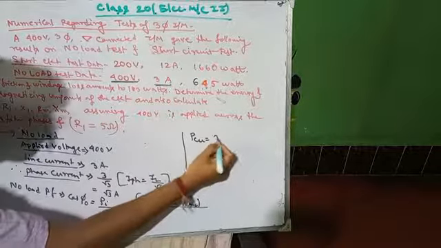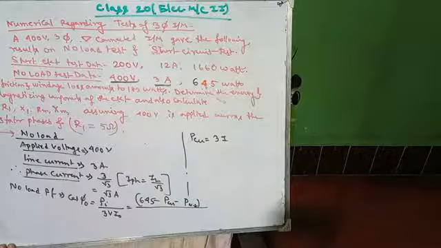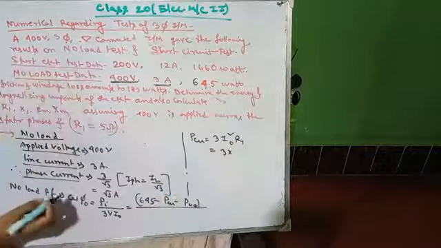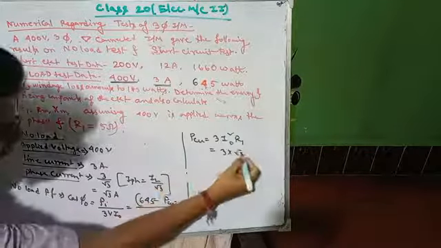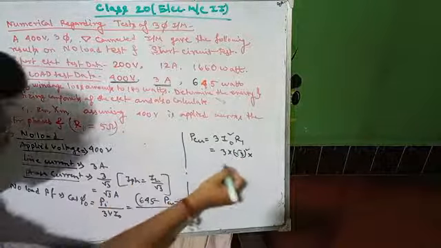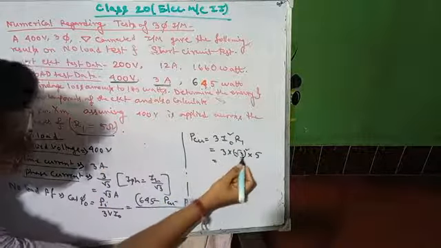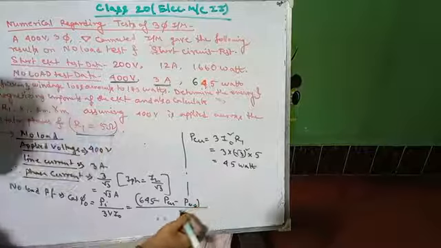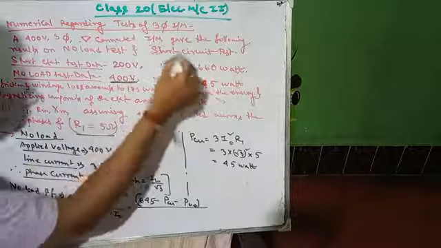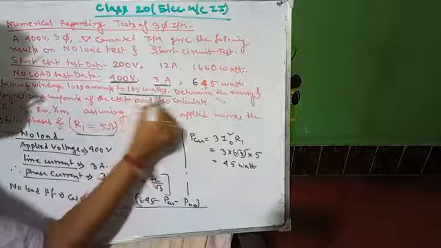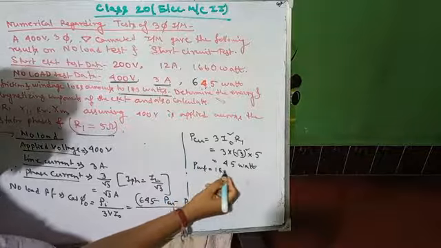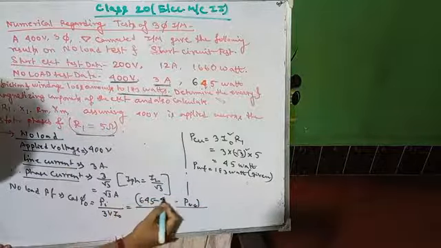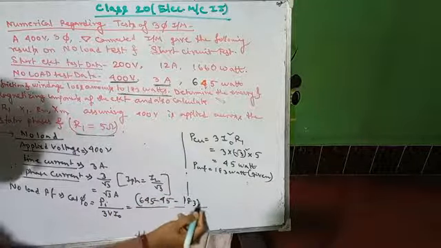PCU equals 3 I naught square into R1, so root 3 whole square into 5 ohm, that is 3 into 3 into 5, which is 45 watt. PWF is given as 183 watt.